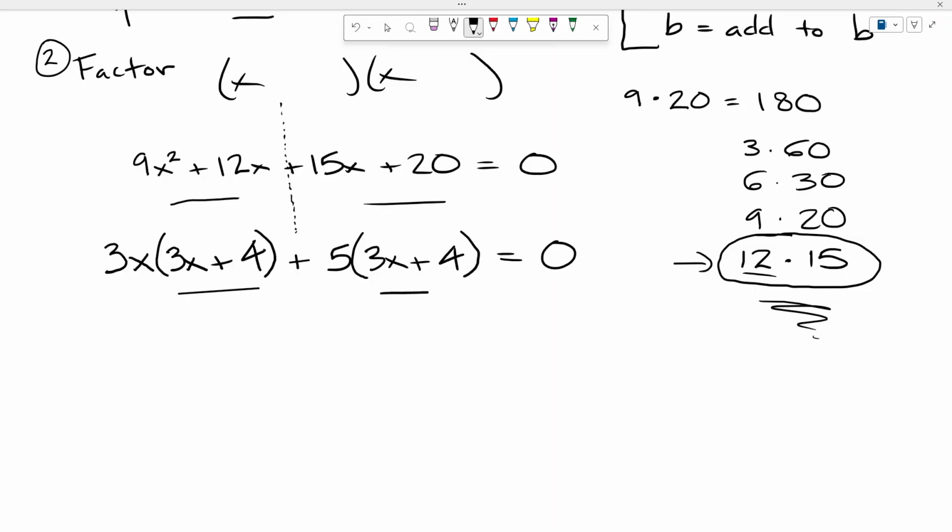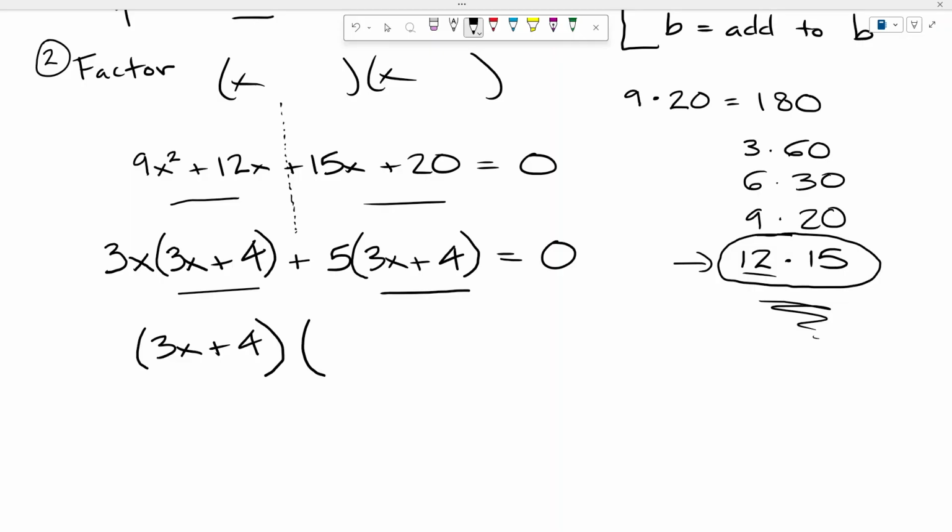So we have, in the middle, they each have a 3x plus 4. So we can carry that down. That is going to be one of our two algebraic expressions. So we have 3x plus 4 that they have in common. All right, that worked out just how we wanted.